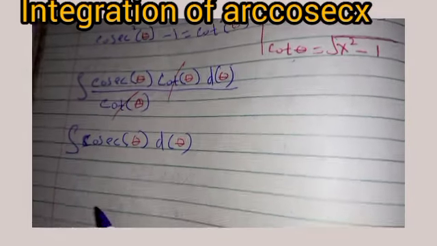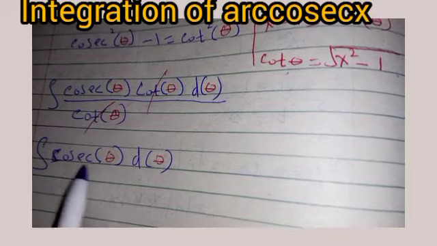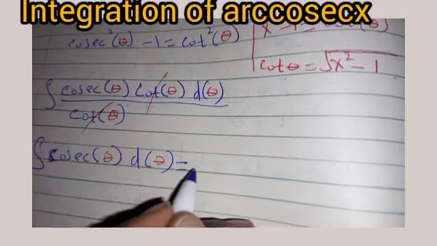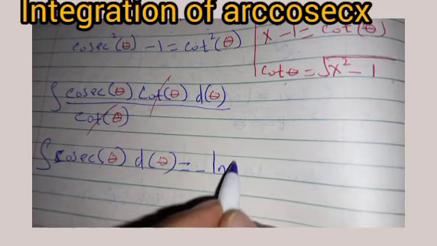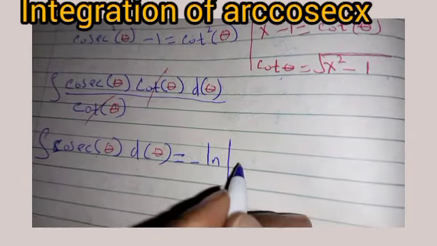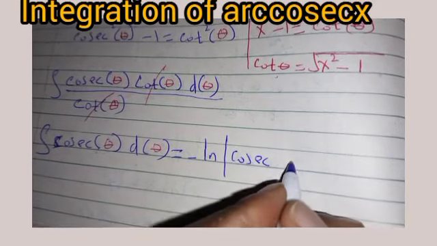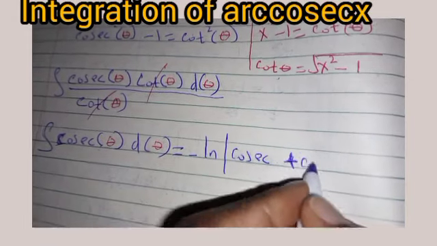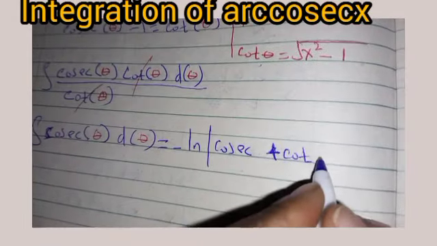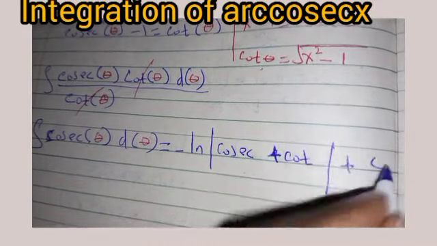Now there is a video tutorial which I have given on how to get the integral of cosec theta d theta. So kindly check it, but the result will be negative natural logarithm modulus of cosec theta plus cot of theta, modulus, plus constant c.